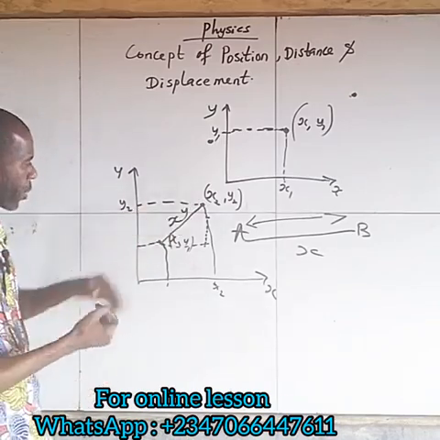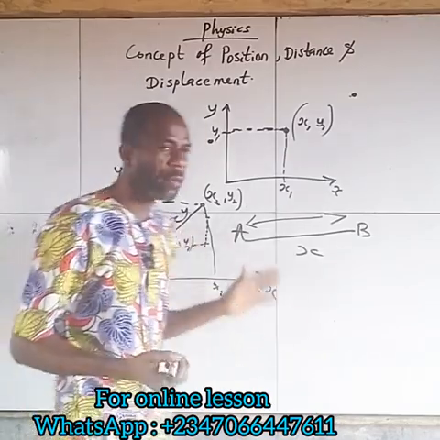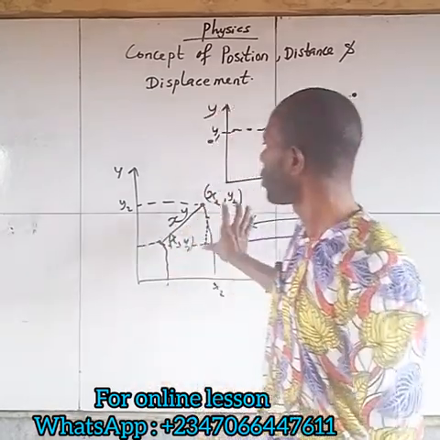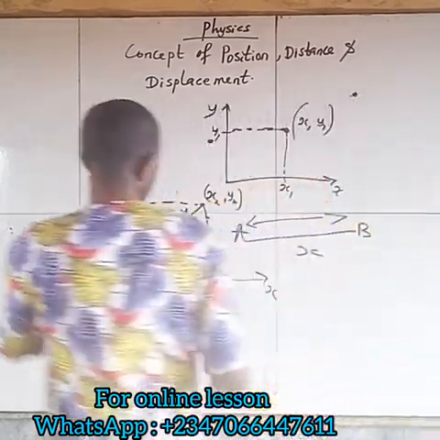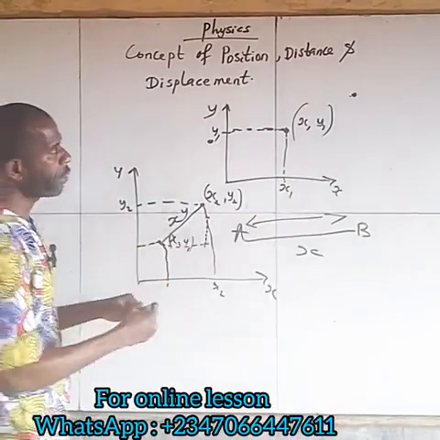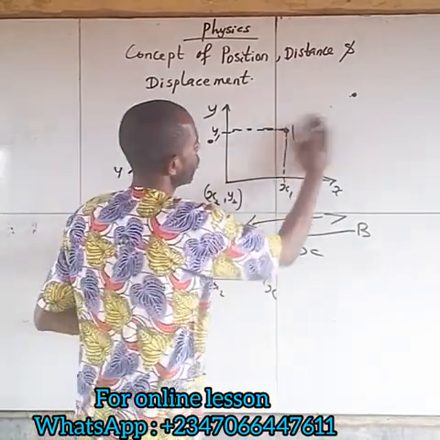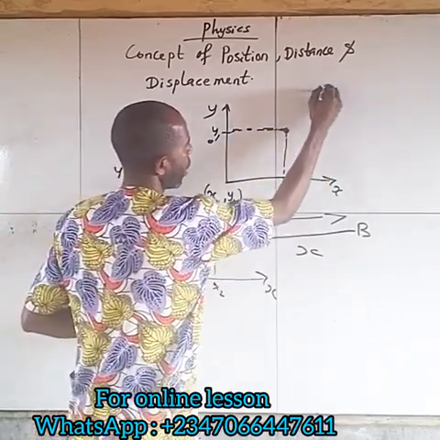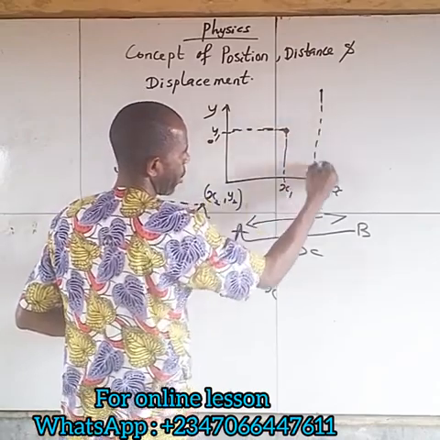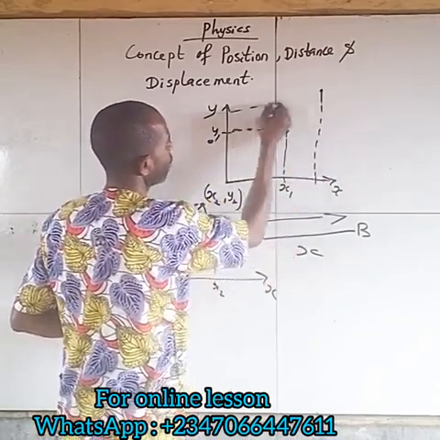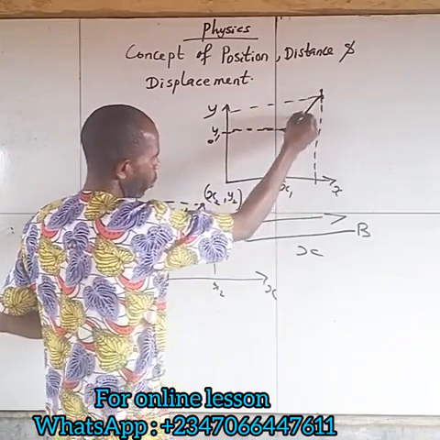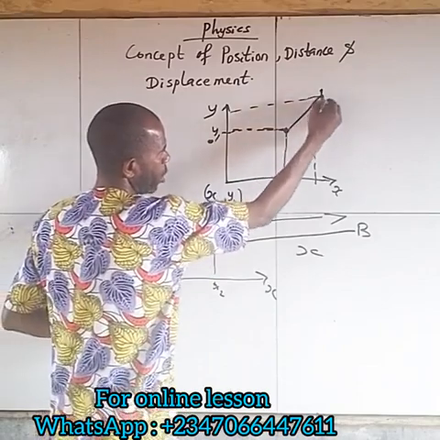That is distance. And we can determine the distance between two points on this plane by taking out this triangle. If you have another point here, and we have another point here, and we must trace, this is the distance we're looking for, trace it down.